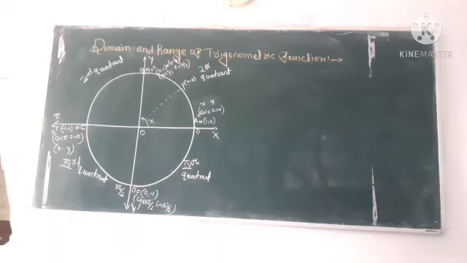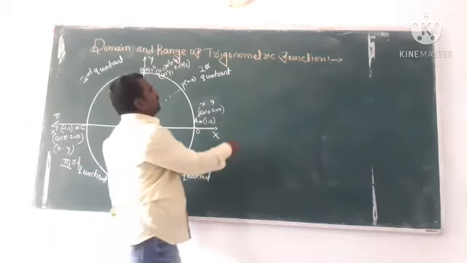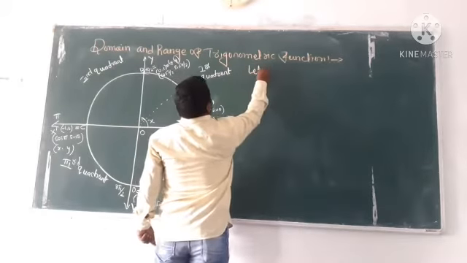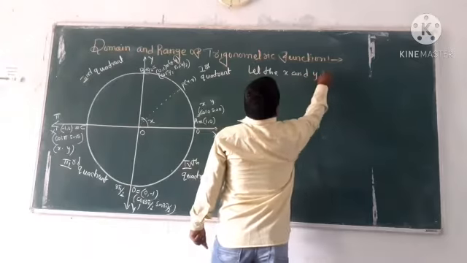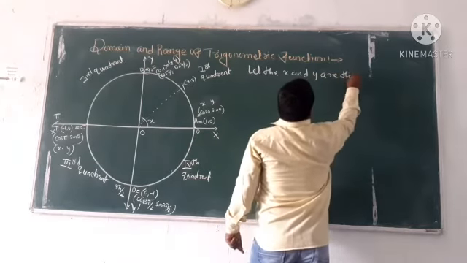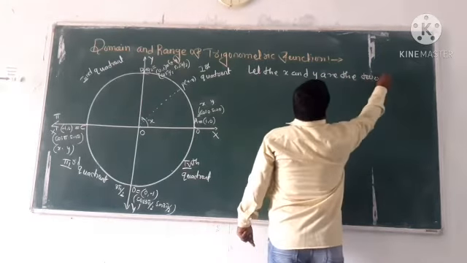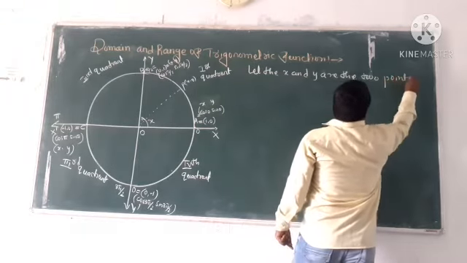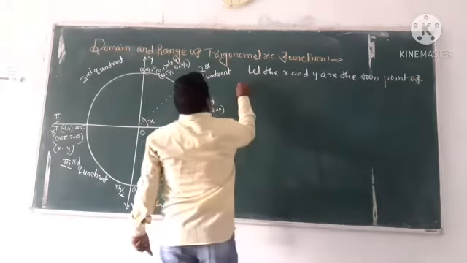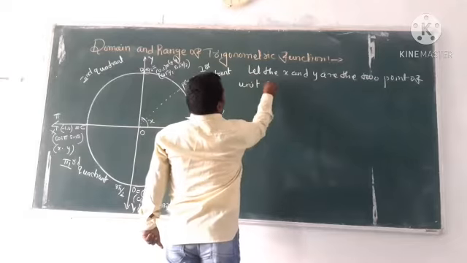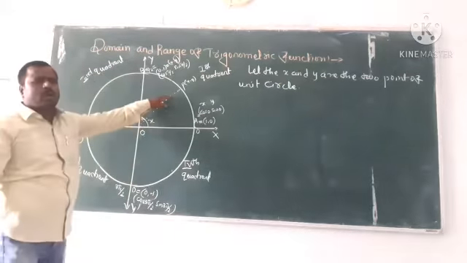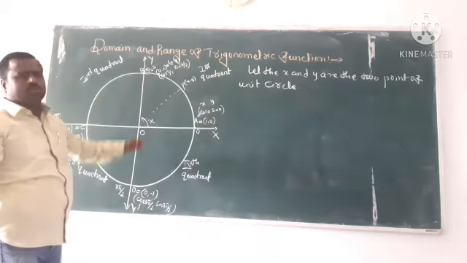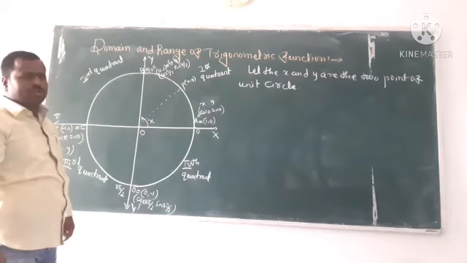Just see, let x and y be the two coordinates of a point on the unit circle.